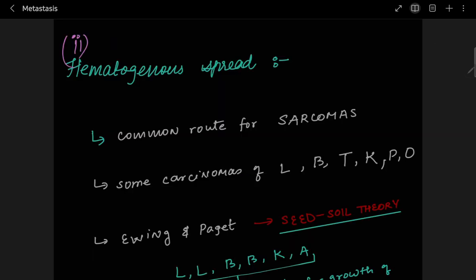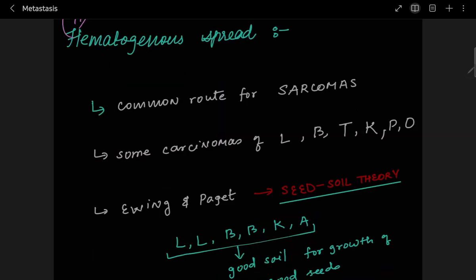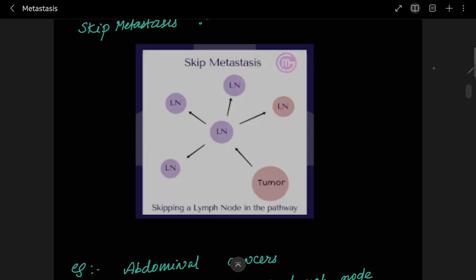Now, the second one, hematogenous spread. Before this, I would like to tell you about the sentinel lymph node, right? So remember, the sentinel lymph node is the first node in a regional lymphatic drainage that receives lymph flow from the primary tumor. Suppose in this diagram, just imagine that this is the primary tumor, and from here the flow is going to this lymph node.